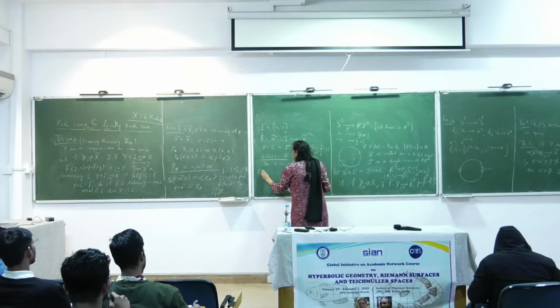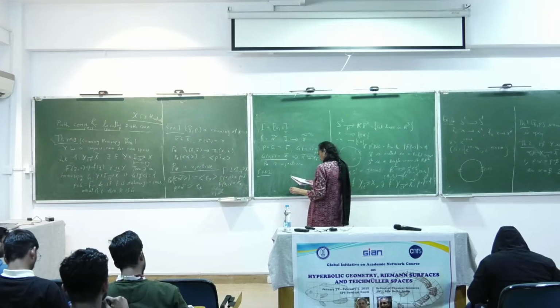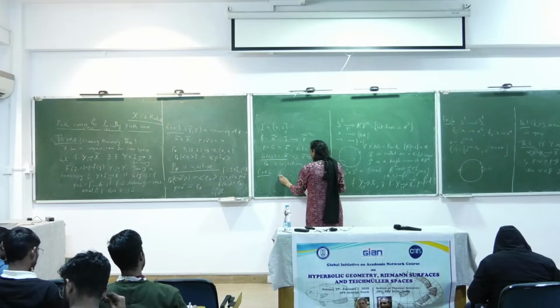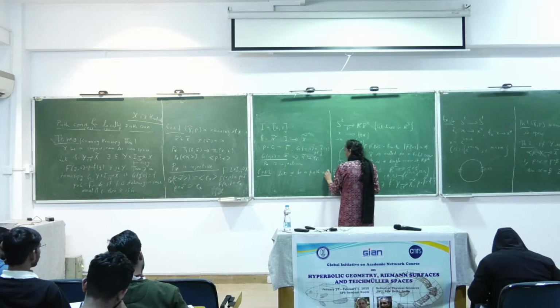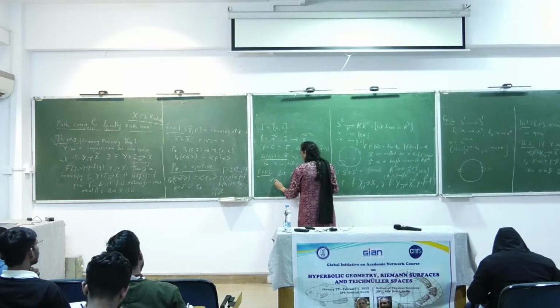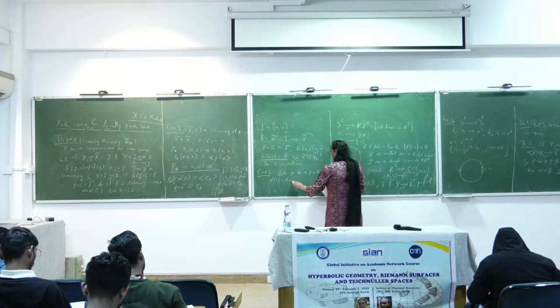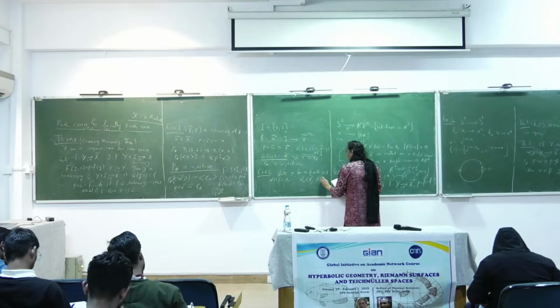So corollary 2 is that, let x tilde be a covering of x via p. Let alpha be a path in x, meaning a continuous map from I to x, such that alpha 0 is x0, some point. Then you choose x tilde 0 belonging to x tilde so that p of x tilde 0 is x0.